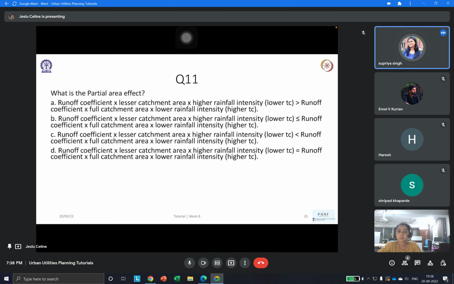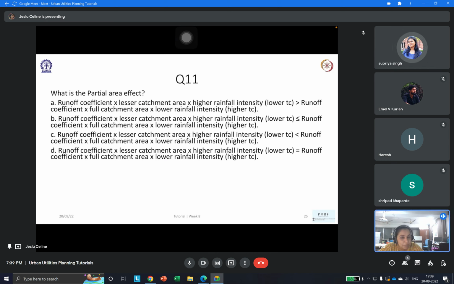If the catchment area is lesser and rainfall is high, then the volume of runoff will be lesser. If the catchment area is larger and rainfall is less, then runoff will be more.